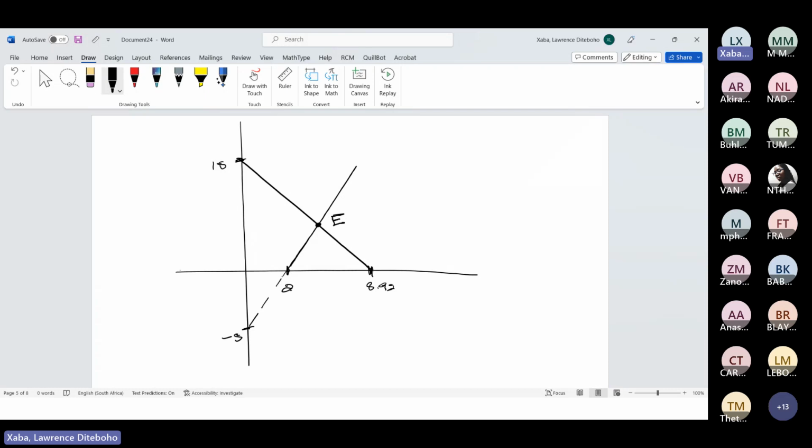This point, we call it E. We know that E stands for equilibrium. So to have the two values that represent this unknown point, we'll have to equate the two equations that intersect at this point, which is point E.